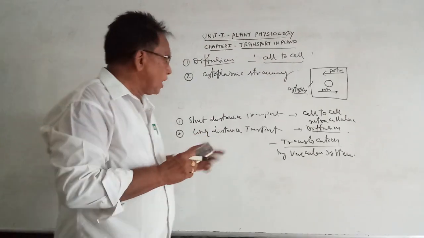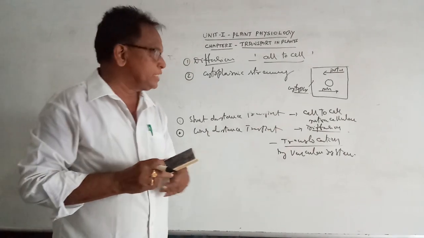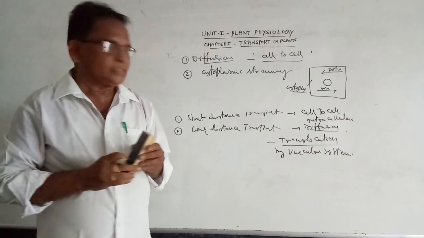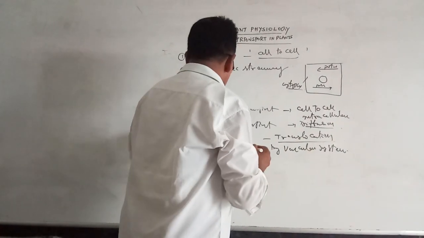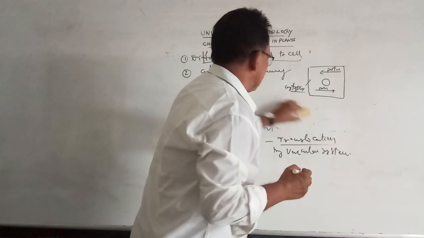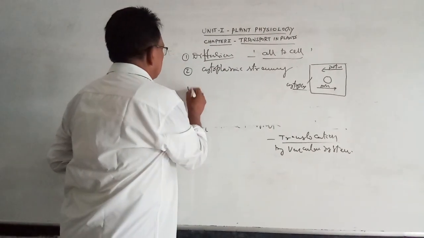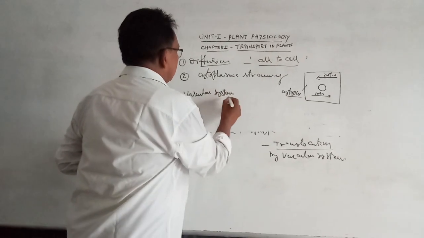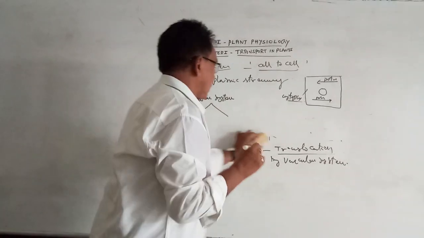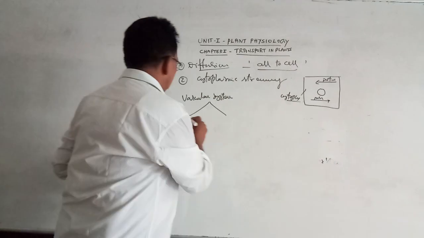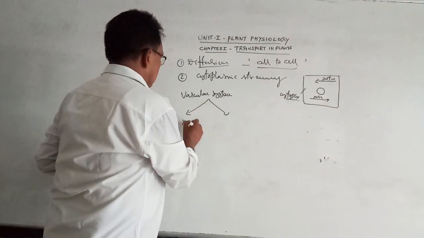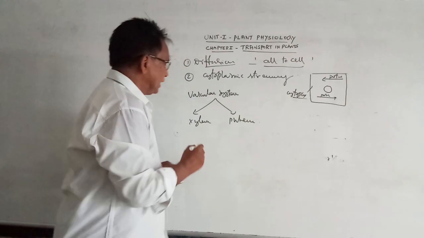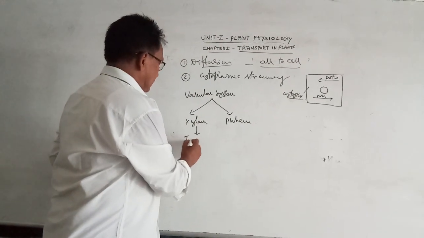And the long distance transport is normally facilitated by the system known as the vascular system. The vascular system is of two types. The first one is xylem and the second one is phloem.